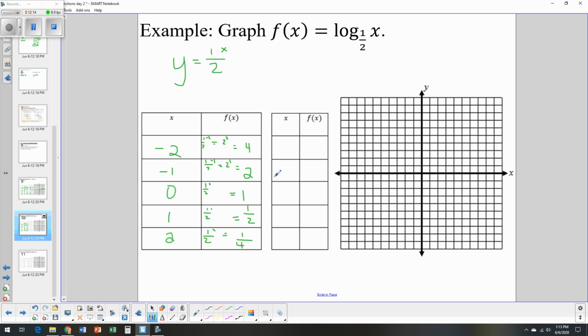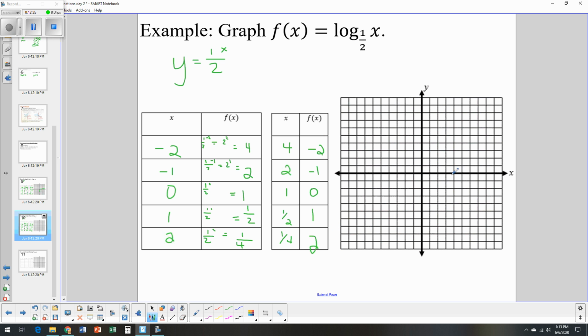All right, so now I can flop these. Flip flop. Anything that was f of x becomes x. Anything that was x becomes f of x. Now all I have to do is graph this new set.